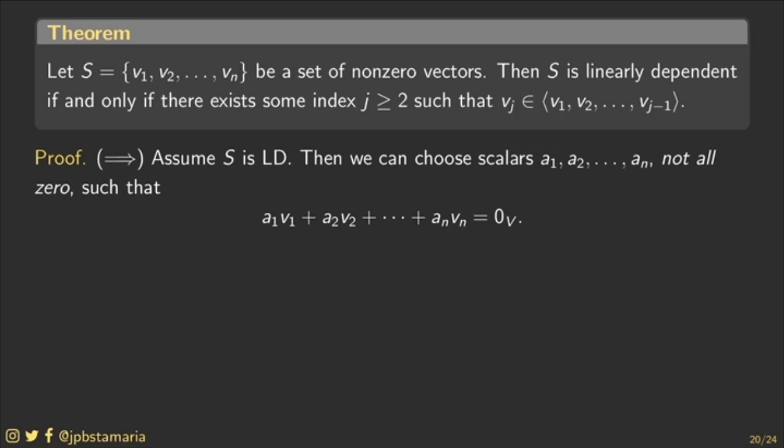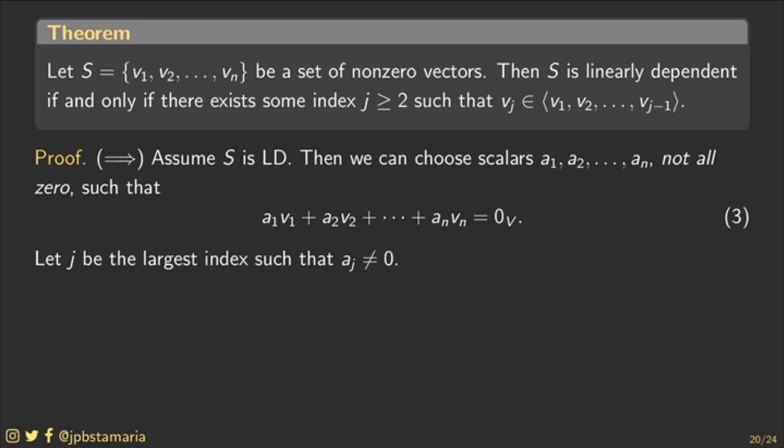So among the scalars that are not all zero, we're going to pick the last one. I mean, among all the Ai's that are not zero, one of them has the largest index.